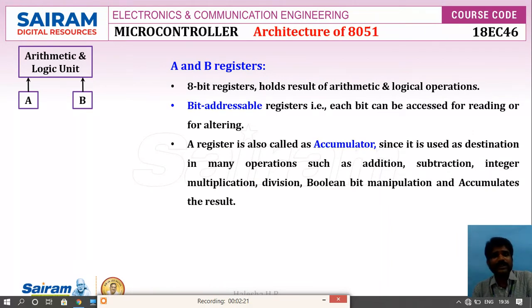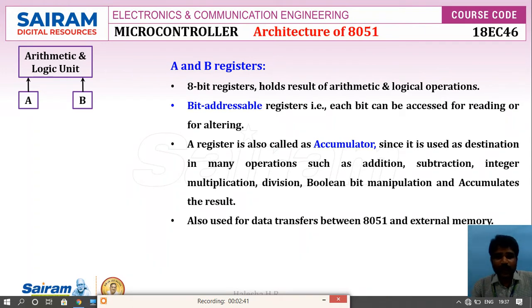So the A register is also called the accumulator because it accumulates the result. I mean it is used as a destination in many operations such as addition, subtraction, multiplication, division, bit manipulation, and accumulates the result. That is why we call the A register an accumulator. Also, the specific usage of the A register is that it is used for data transfer between 8051 and external memory.